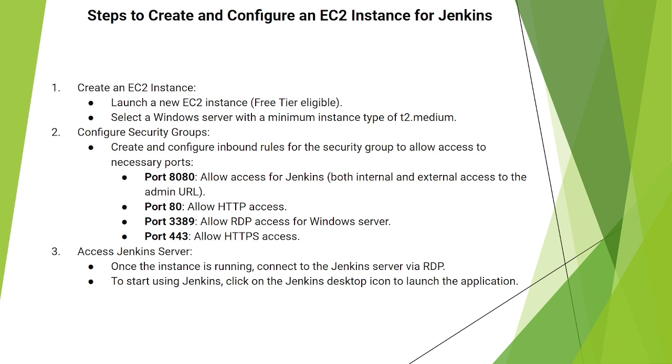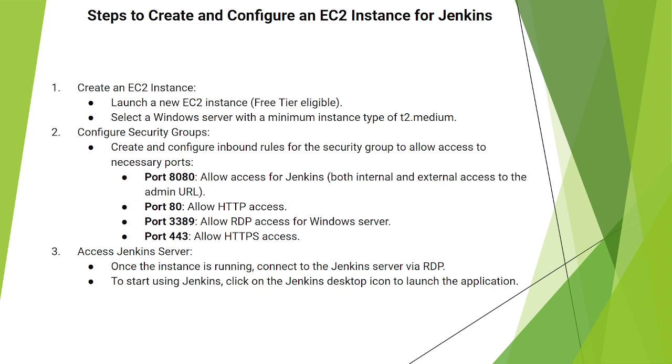If you have created a Windows EC2 instance, then use port 8080, which allows access for Jenkins, both internal and external access to the admin URL. Port 80 will allow HTTP access, port 3389 allows RDP access to a Windows server, and port 443 allows HTTPS access.